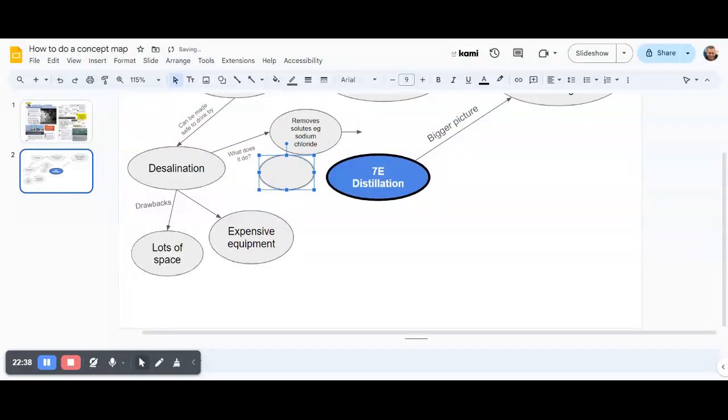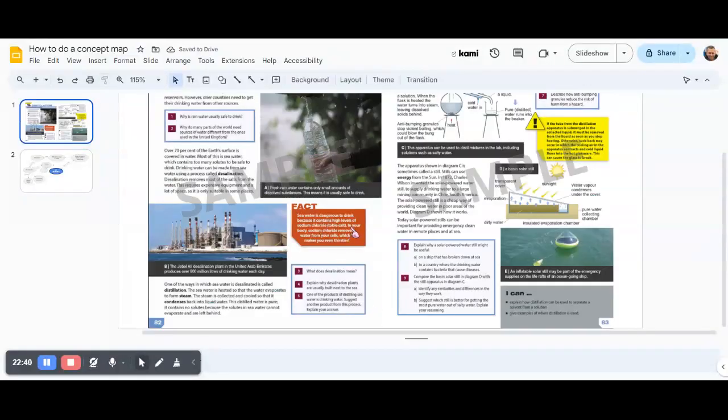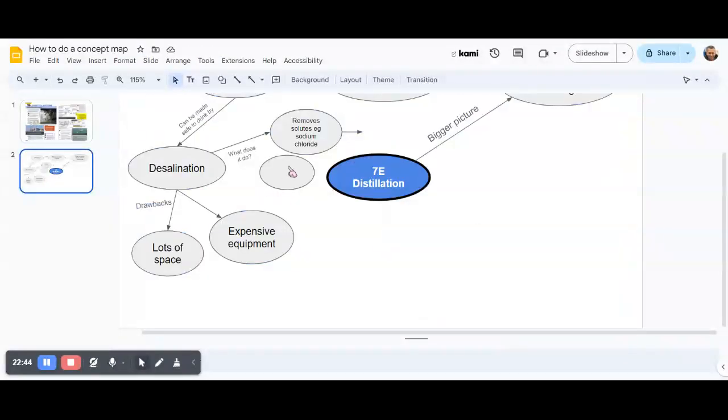Over here it says, in your body, sodium chloride removes water from cells, which makes you even thirstier. So the danger of it is that it removes water from cells and makes you thirstier. Okay, so I could put that.